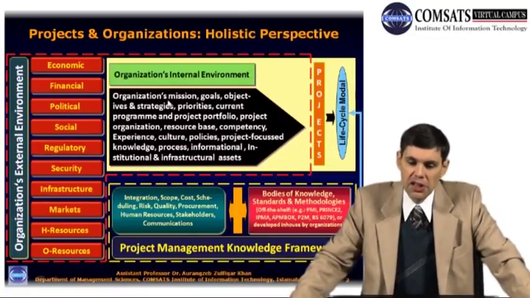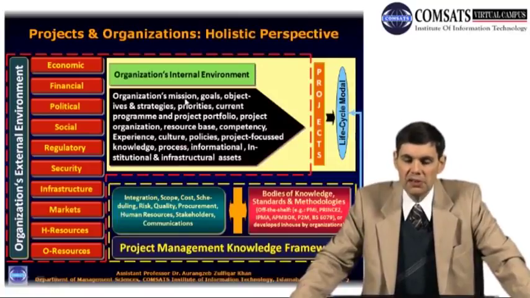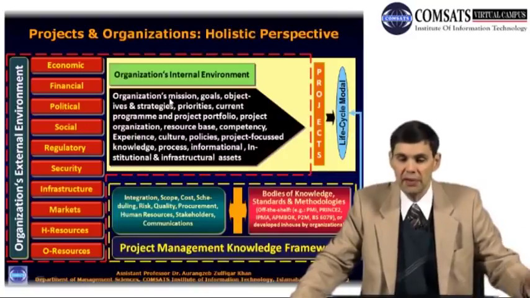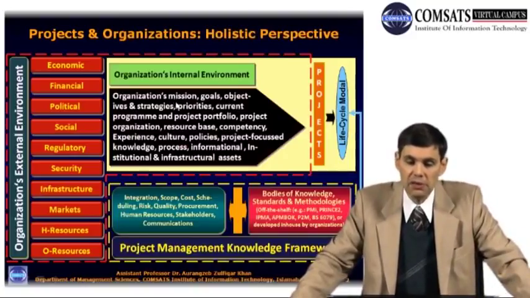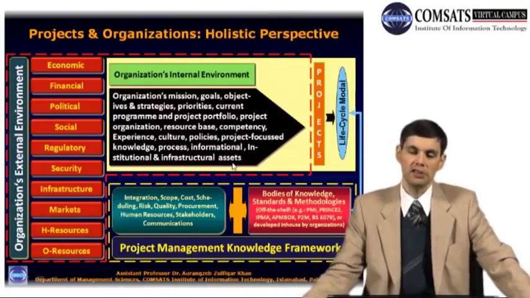And every organization also has its parameters. Every organization has, or should have, a mission, goals, objectives, strategies, priorities, program and project portfolio, a project organization, resource basis, competency, experience, culture, policies, project focus, knowledge, process, informational, institutional, and infrastructural assets.